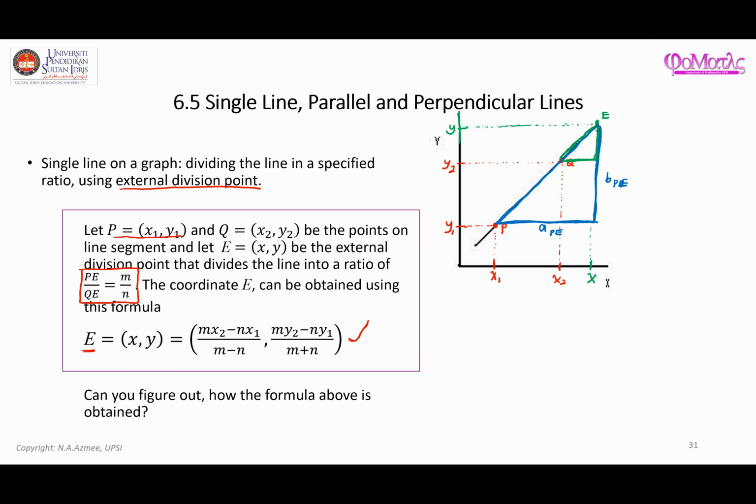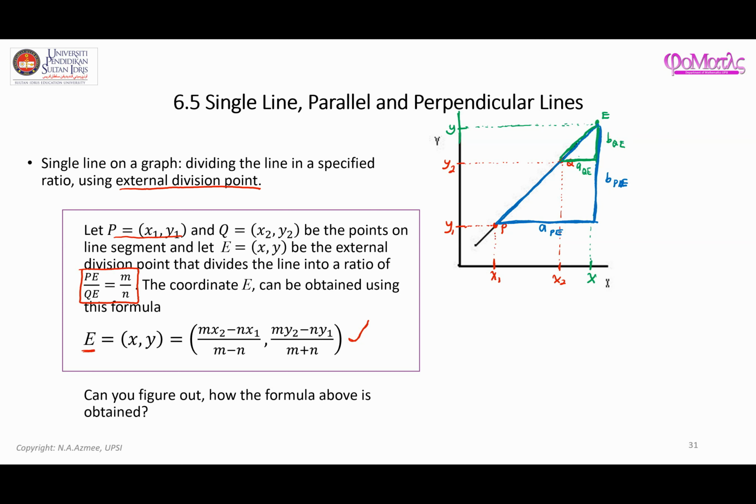I'm going to call this length here AQE, and the green line here, the length here as BQE. So I'm just following the same idea that I have illustrated to you guys in the previous videos.